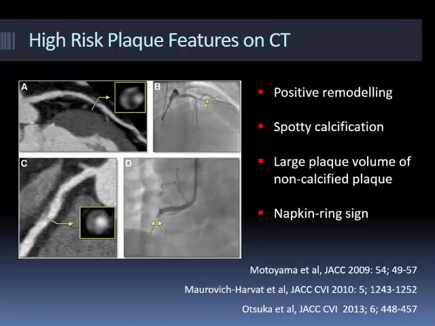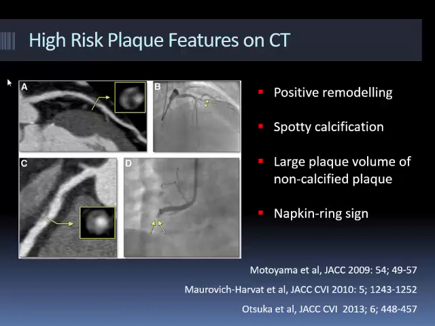Also, if you've got lots of atherosclerosis, especially if the plaque is non-calcified. And finally, the napkin ring sign, which basically means that if you look at these vessels, here's your lumen, you have circumferential atherosclerosis, and then you have a so-called necrotic core. Although we use the word necrotic core, CT is not sufficiently robust to distinguish fibrous cores from fatty cores from necrotic cores.